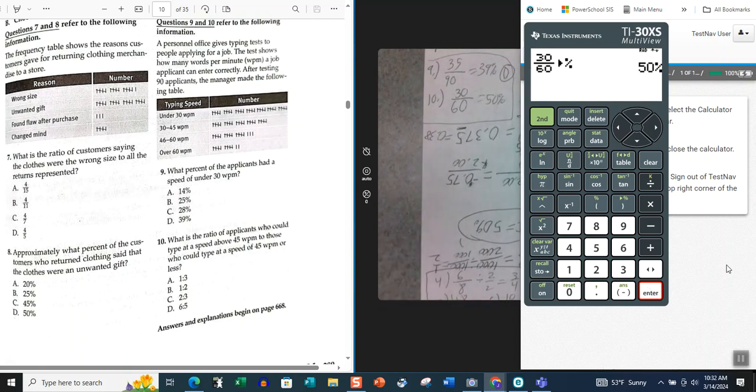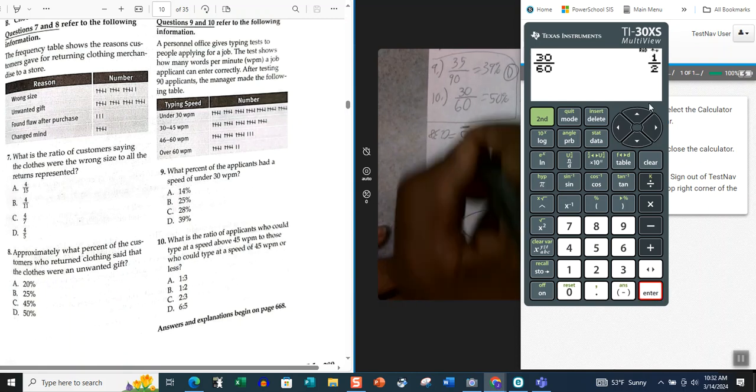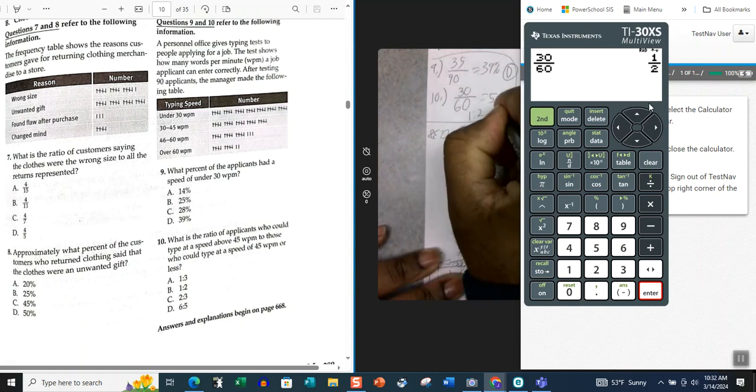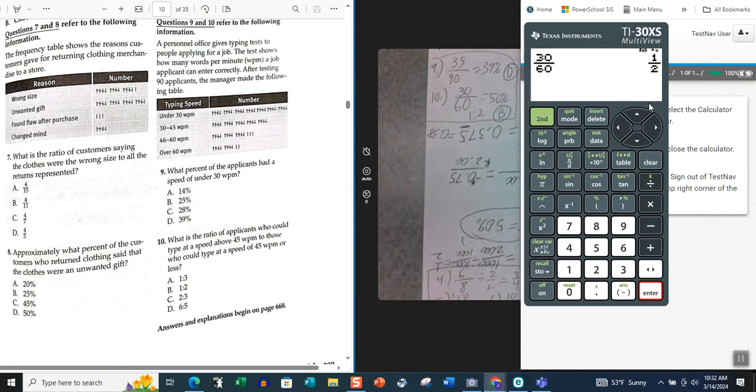Actually, they weren't asking for the percent. So let's do 30 over 60, N over D, 30, down arrow 60, and then press enter. And that gives you 1/2. So as a colon, that'll be 1 to 2, and that would be B. So your answer here would be B.